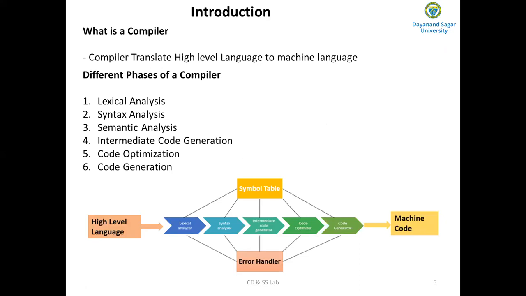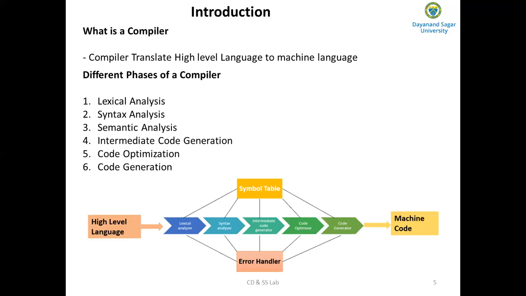So before starting to implement the different phases of a compiler, one has to have the basic knowledge of the compiler. Before writing a program for compiler construction, let us have the basic knowledge of the compiler first.